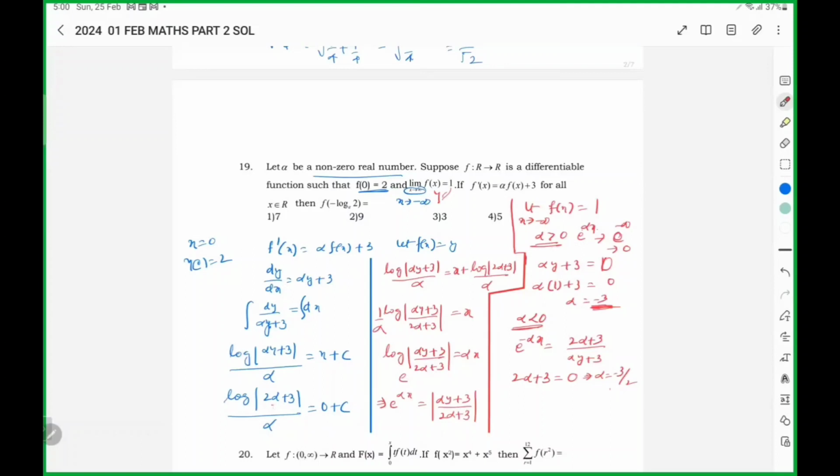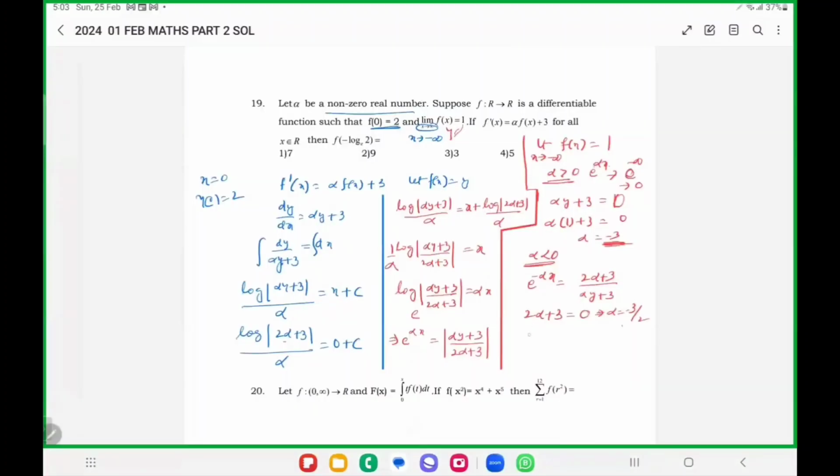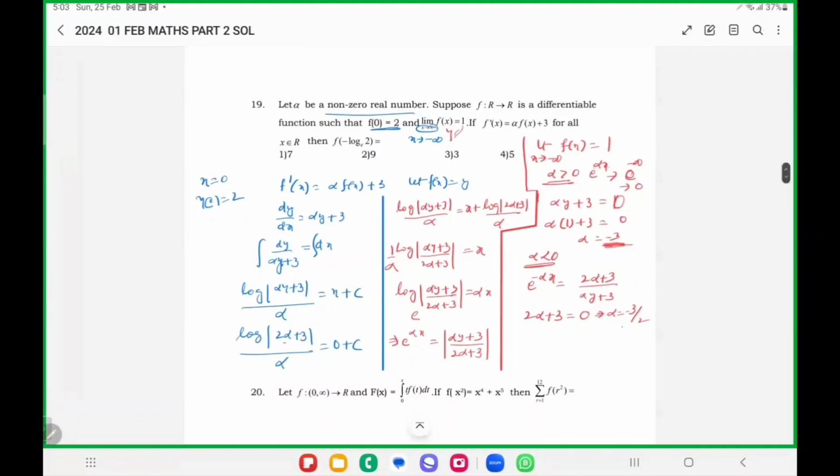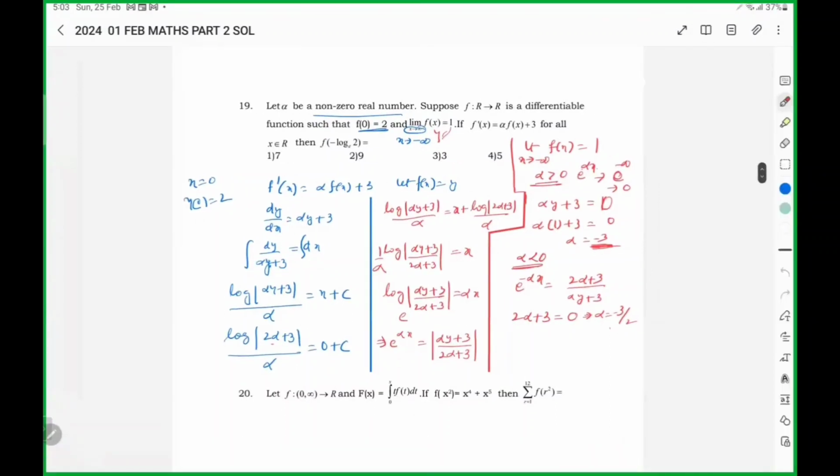Let us check here itself. Alpha greater than 0, e power... in both cases, here if you put alpha as minus 3 by 2, it won't be defined. Log 0 you get. So there is no option. So here bonus marks must be given.